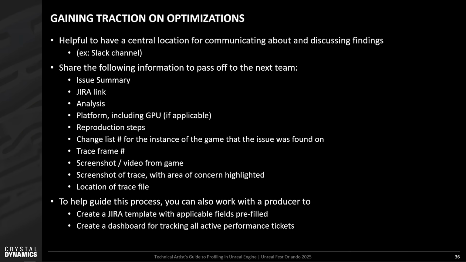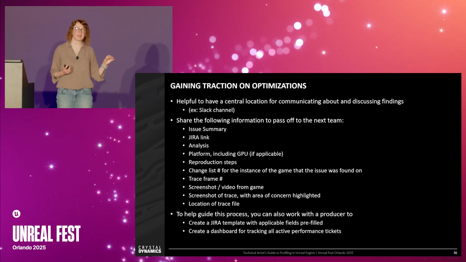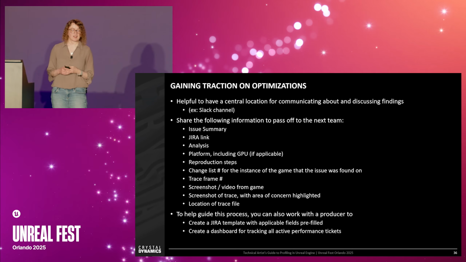To help guide this process, I highly recommend working with a producer to create a JIRA template with applicable fields pre-filled, so that way you can even just have a button where anyone who's doing profiling can click that button and then easily fill out with the information above. I also suggest creating a dashboard for tracking all active performance issues, which I have an example of here.